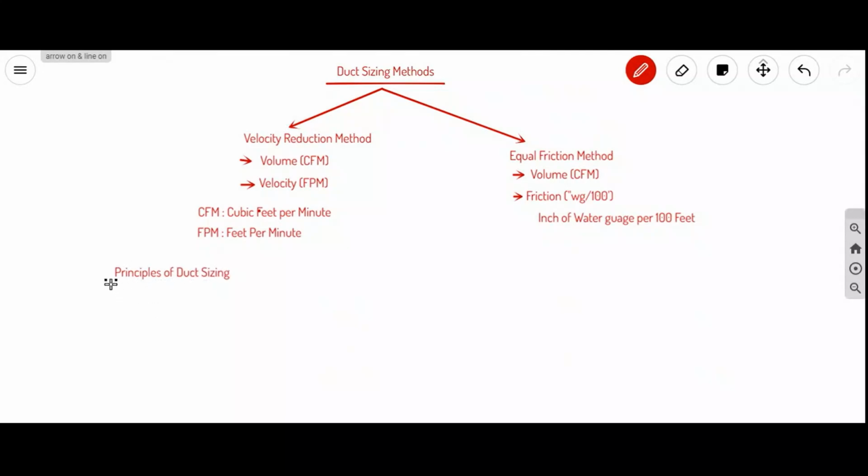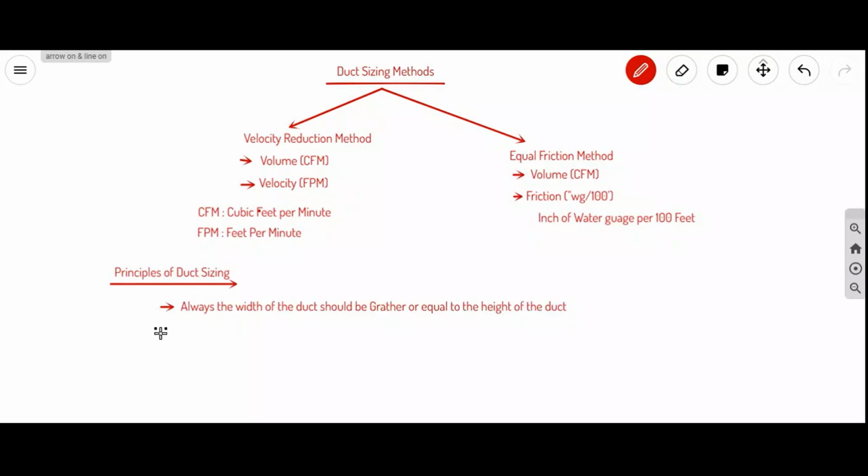Principles of duct sizing. Always the width of the duct should be greater than or equal to the height of the duct.